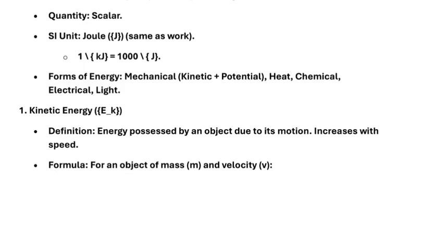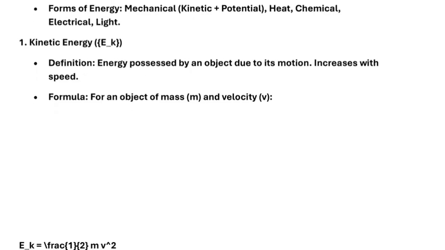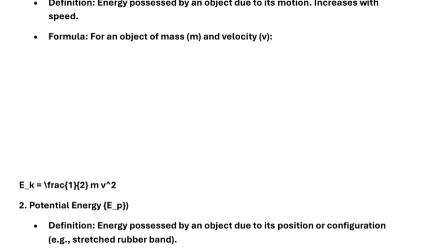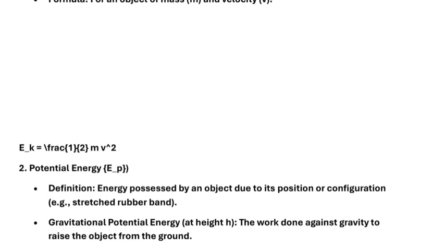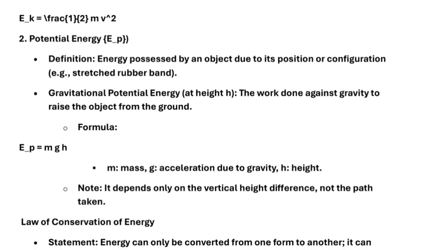1. Kinetic energy, E_K. Definition: energy possessed by an object due to its motion. Increases with speed. Formula: for an object of mass m and velocity v, E_K = ½mv². 2. Potential energy, E_p.